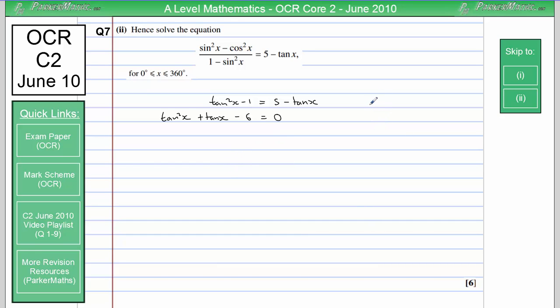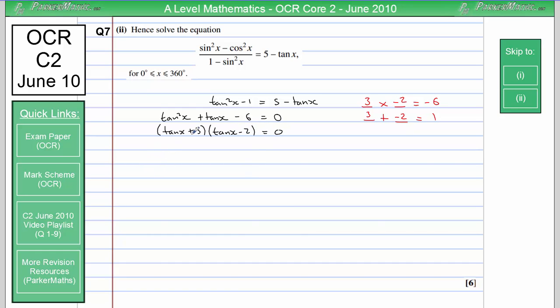This one factorises nicely. I'm looking for two numbers that multiply to give minus 6, and two numbers that add to give 1, because I've just got one lot of tan x. The numbers I want are 3 and minus 2. So I can factorise this quadratic to get tan x plus 3 in one bracket and tan x minus 2 in the other bracket.